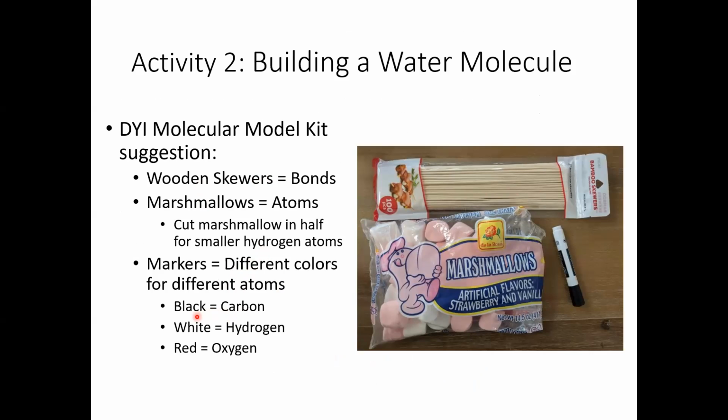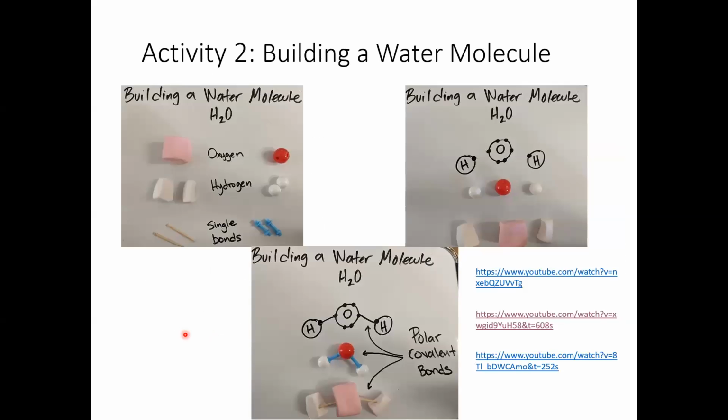Carbon is represented in black, hydrogen in white, and oxygen in red. This is how we would build a water molecule. You would need one oxygen atom and two hydrogen atoms, and then you need your bonds, and these are single bonds. It's a single covalent bond or hydrogen bond.